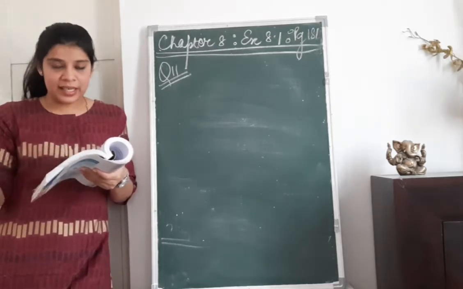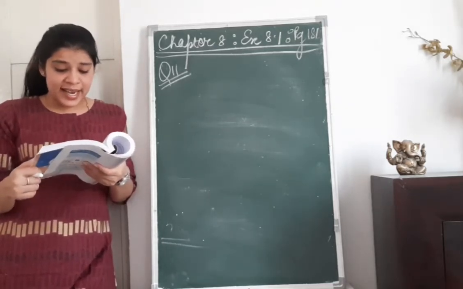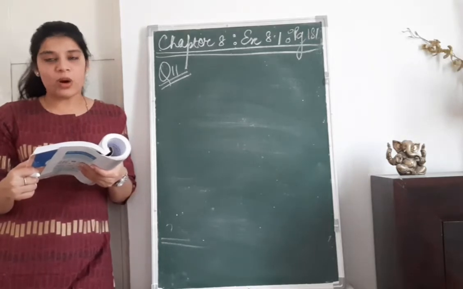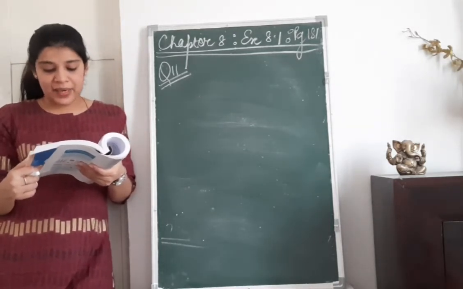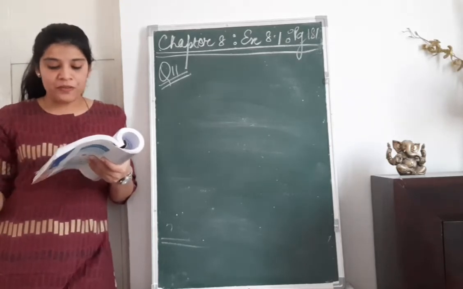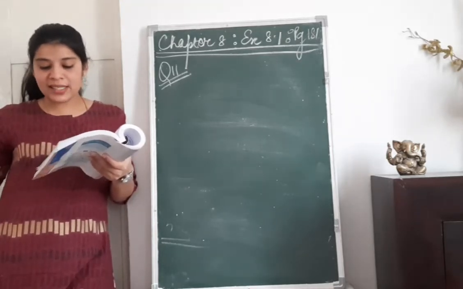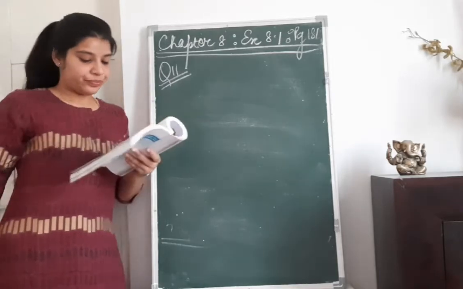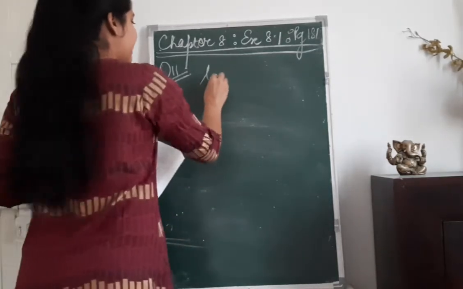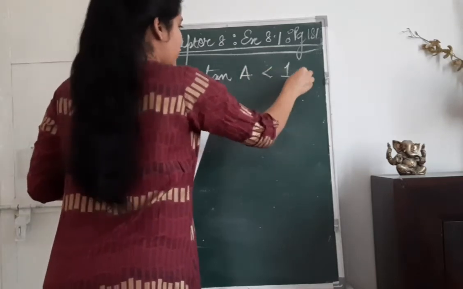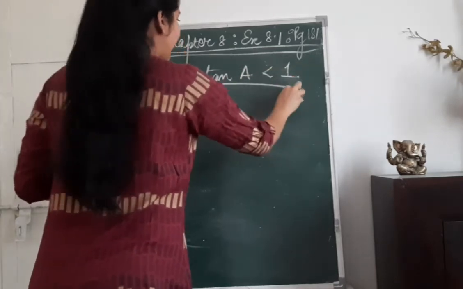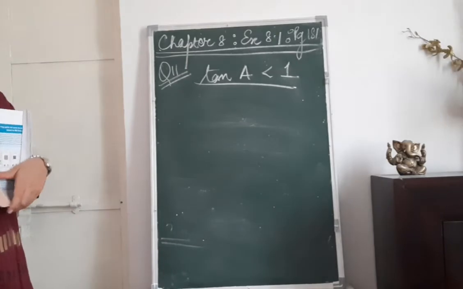Question 11 itself says, state whether the following are true or false and justify your answer. The first statement is: the value of tan A is always less than 1. So is it possible that the value of tan A is always going to be less than 1?